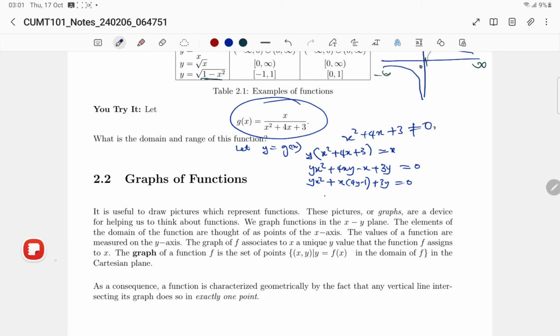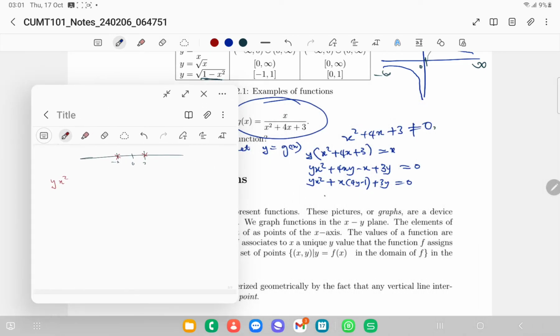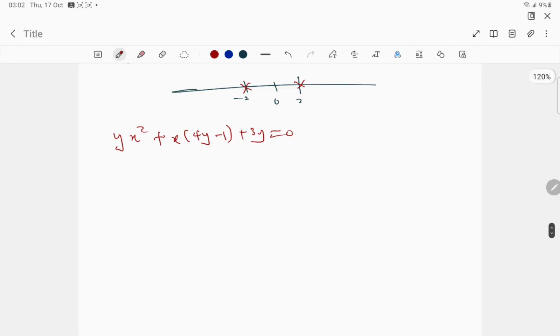So we have yx squared plus x(4y minus 1) plus 3y is equal to 0. I was saying that we use the discriminant b squared minus 4ac.